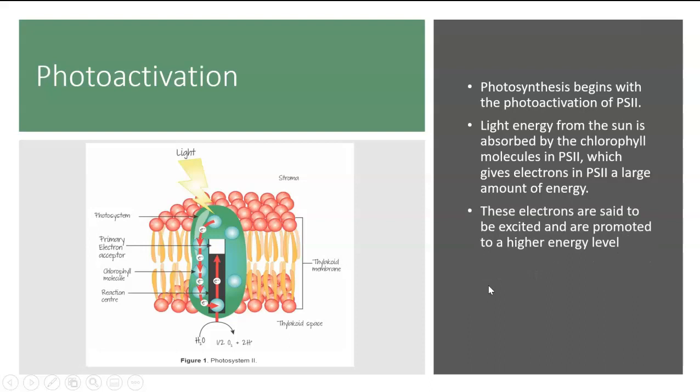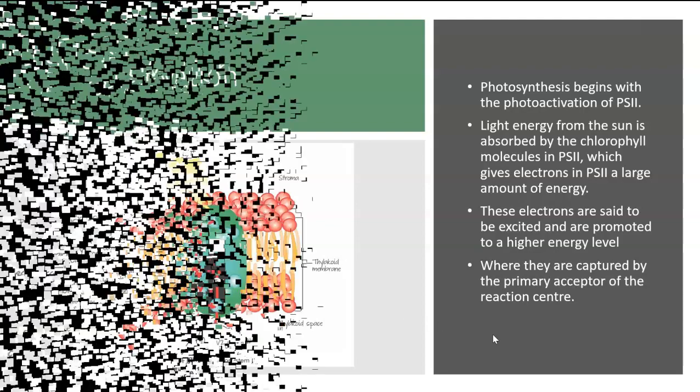These electrons are said to be excited and are promoted to a higher energy level because they've got more energy. When they are at this higher energy level, they are captured by the primary acceptor of the reaction center. So you've got these excited electrons, and they're captured into that reaction center.